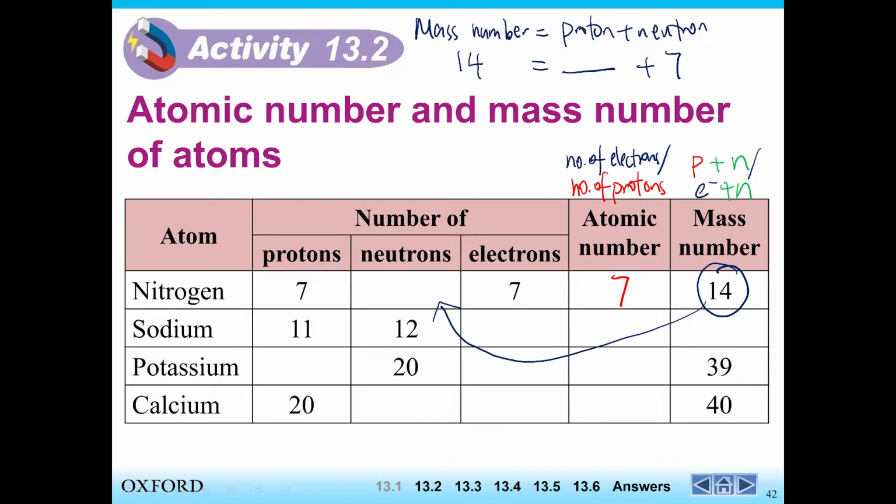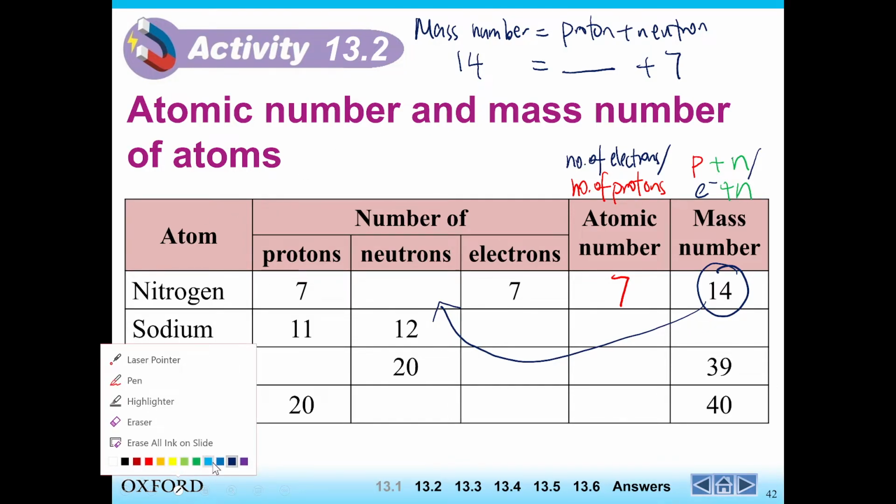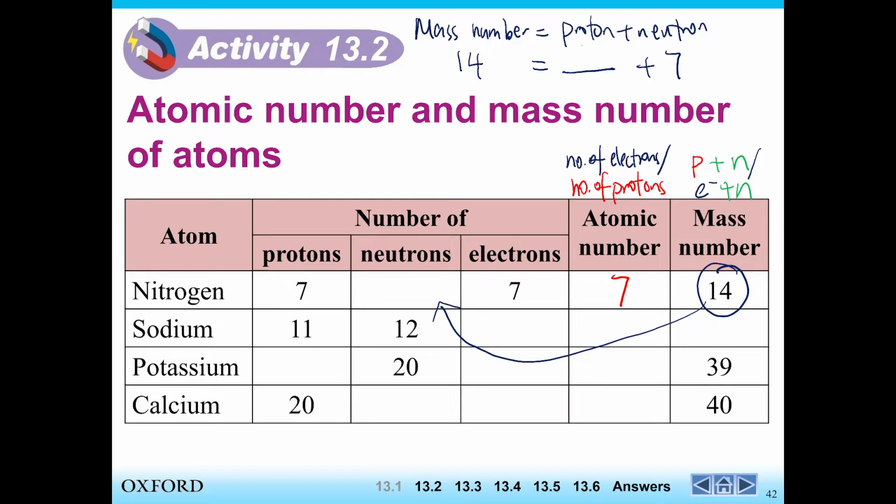So obviously, you can just move it to the other side, or you can clearly see that the neutron would also be 7. Sorry, I wrote it on the other side. Proton is 7 up here, so the number of neutrons would be 7.